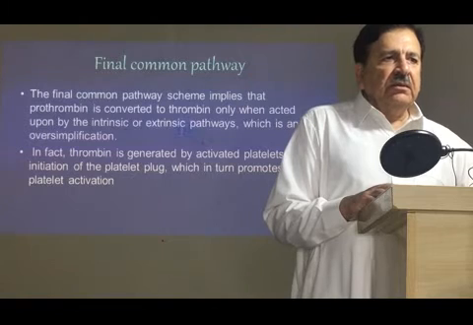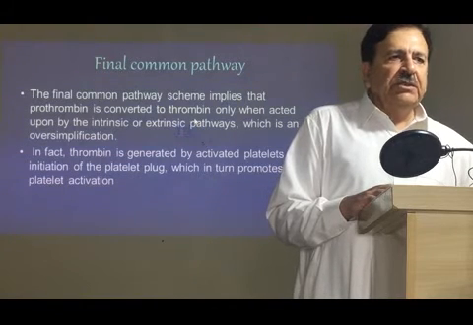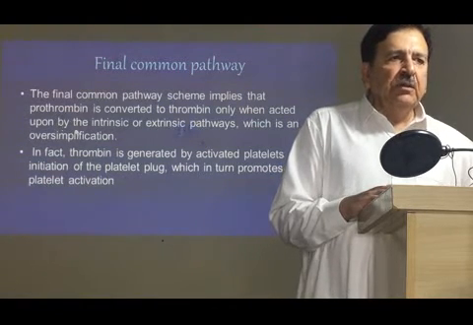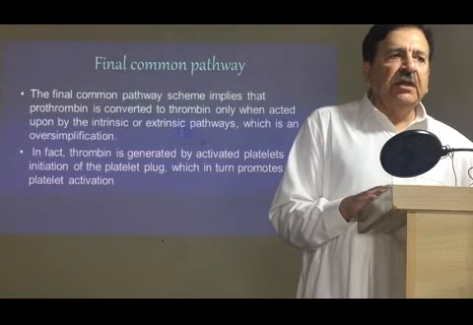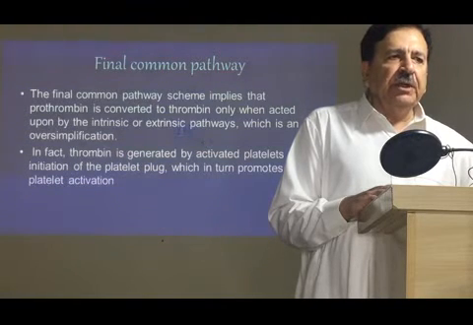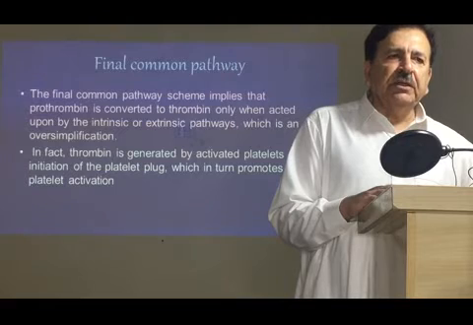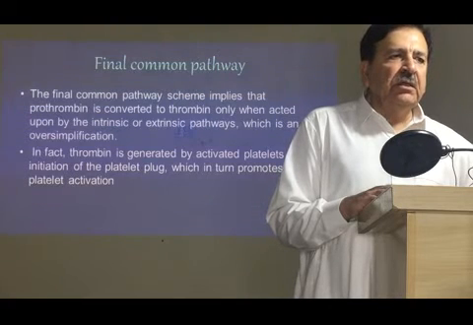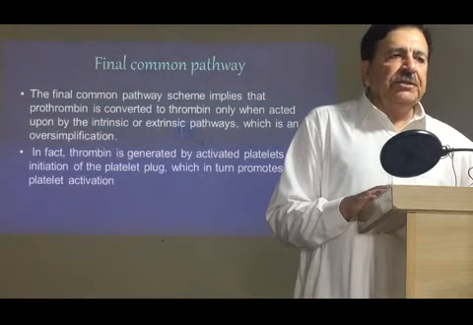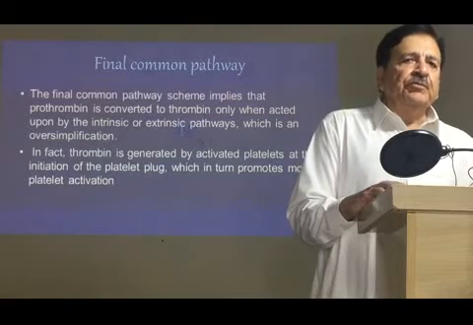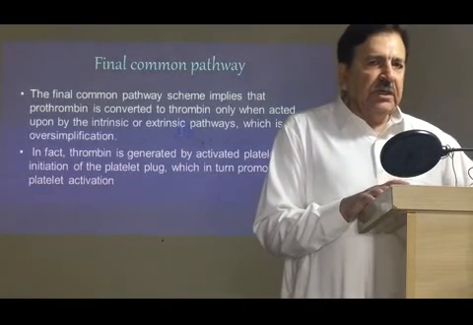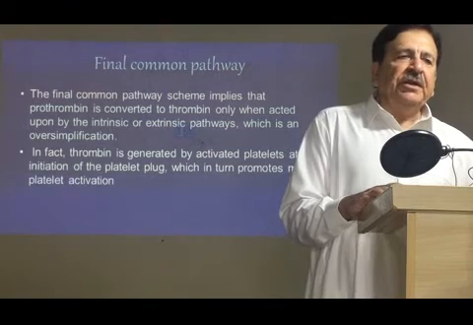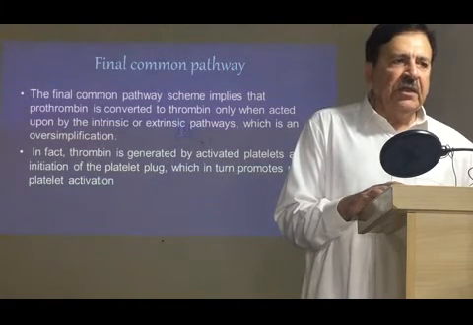The common pathway scheme implies that prothrombin is converted to thrombin only when acted upon by the intrinsic or extrinsic pathway, which is an oversimplification. It means that factor 10 is activated either by the extrinsic or by the intrinsic pathway.